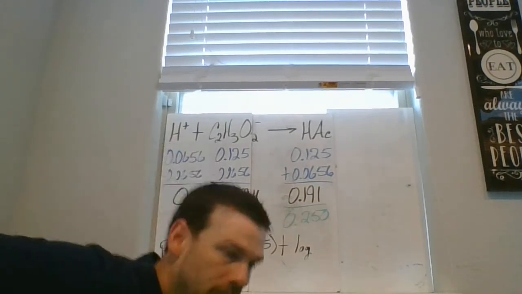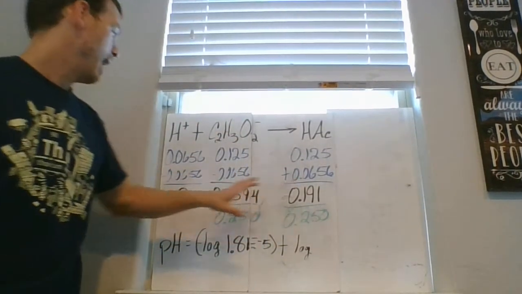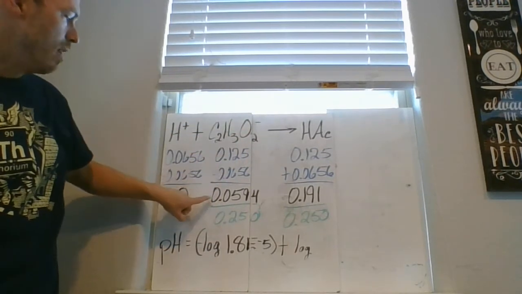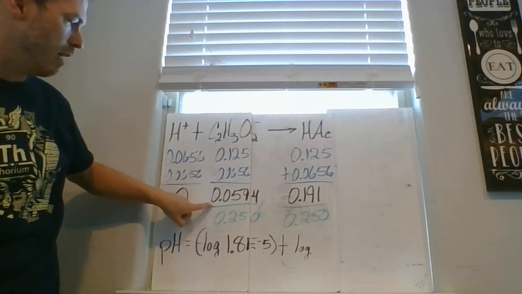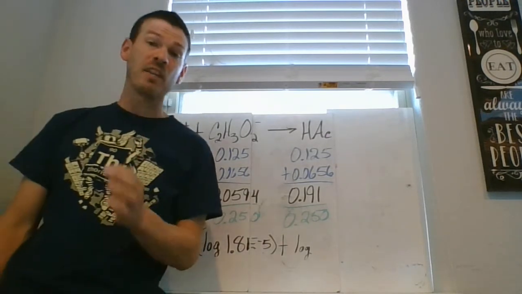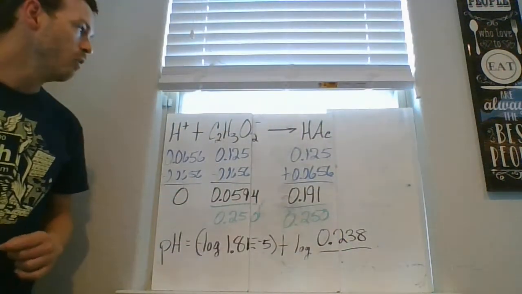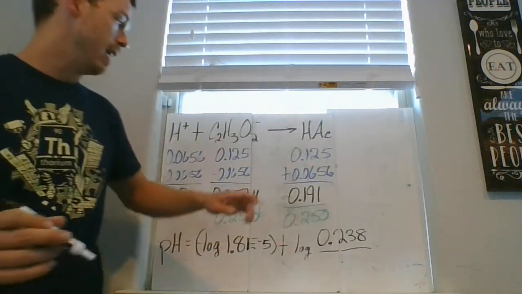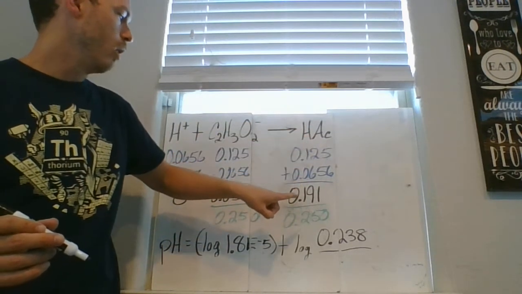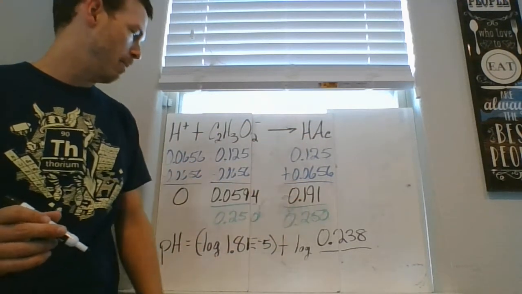All right, so here's where we have to make sure that we keep it straight. Hey, look, that's the ion. There he is, the ion. So this here, the 0.0594 divided by 0.25, if you type it in, it's 0.238. So I'm going to go 0.238 over the concentration of the actual sample, which is going to be 0.191 divided by 0.250.